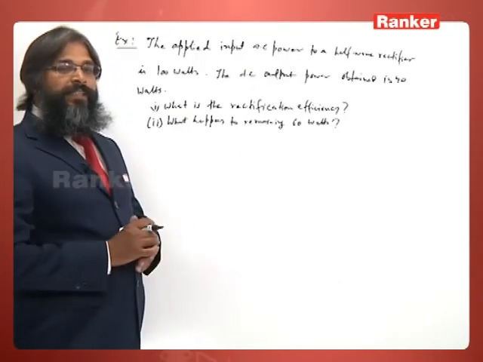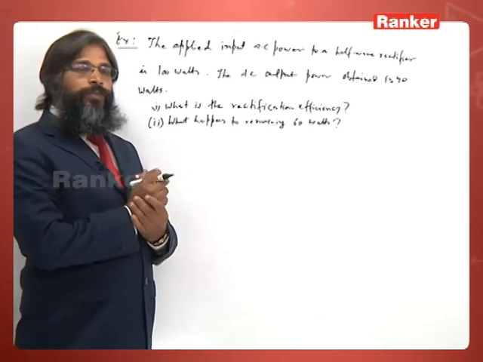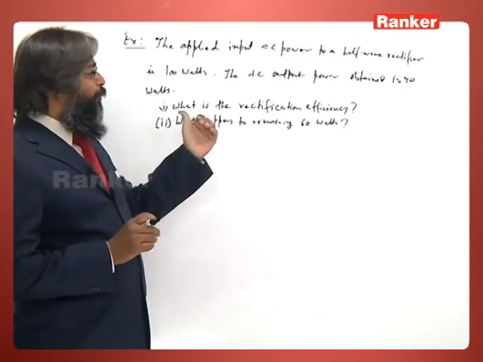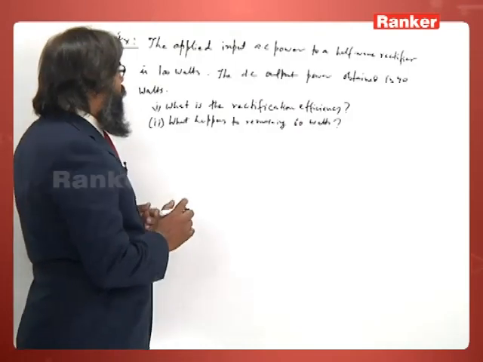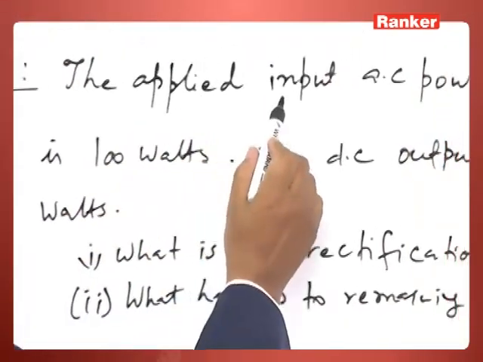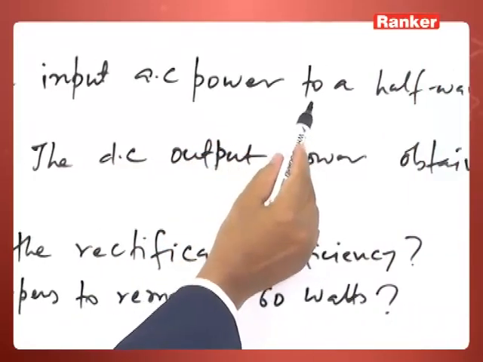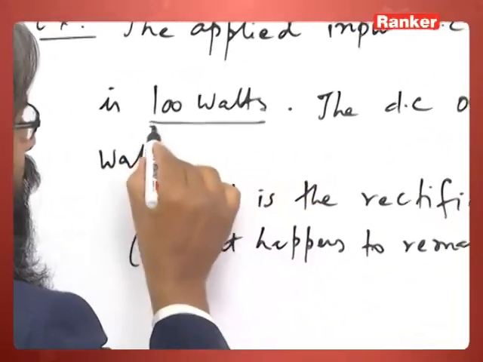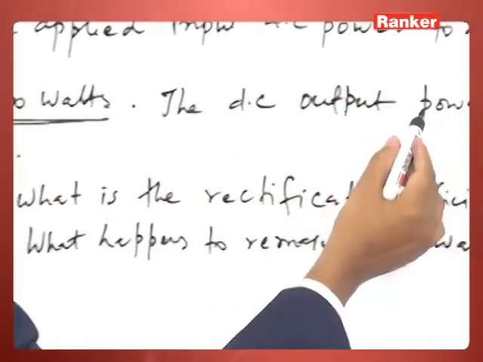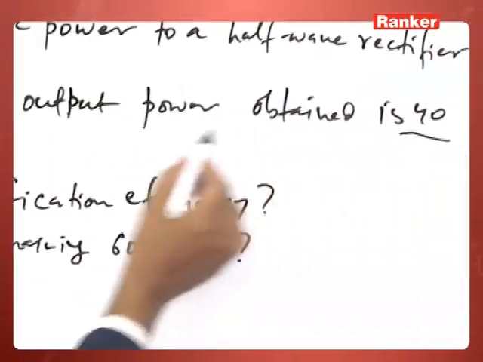So now let us take an example to know the efficiency of this half wave rectification. The applied input AC power to a half wave rectifier is 100 watts. The DC output power obtained is 40 watts.